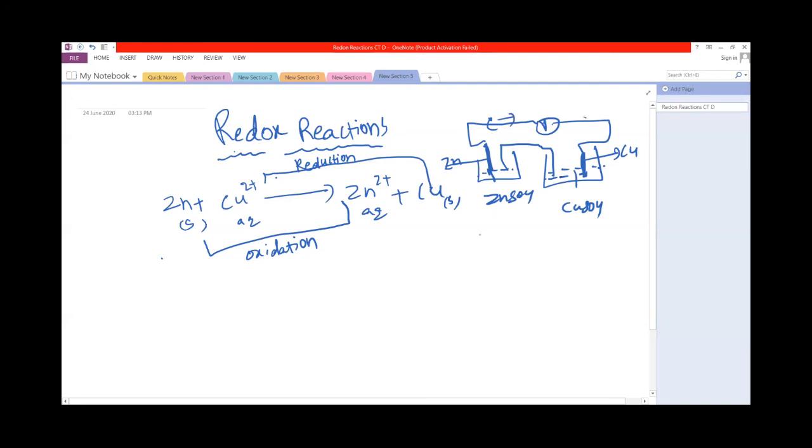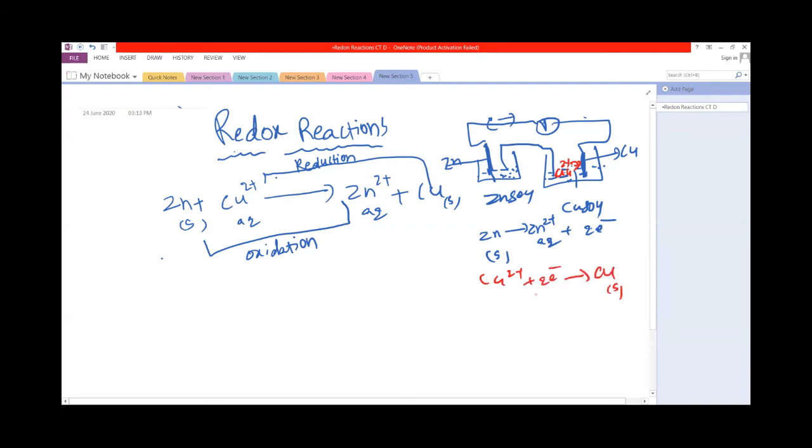The zinc rod is converted into Zn2+. This is oxidation. The zinc rod is solid, but here there are Zn2+ ions in the aqueous medium. Here Cu2+ is there in the solution, and those Cu2+ ions deposit on the electrode. That is the reason Cu2+ plus 2 electrons is converted into Cu.